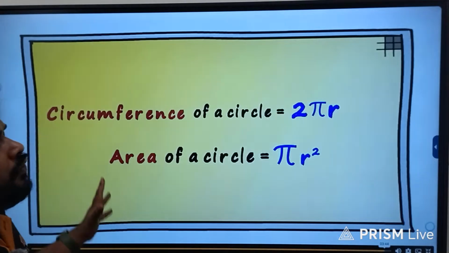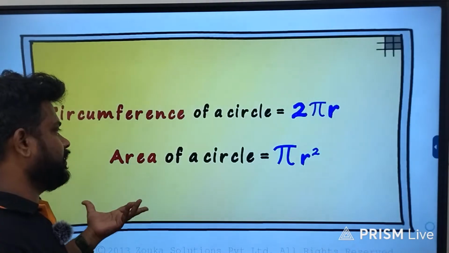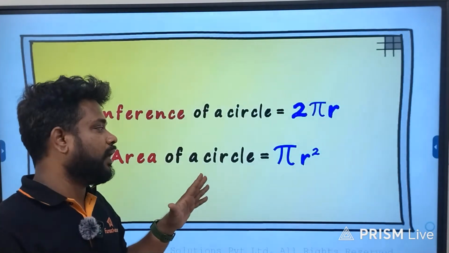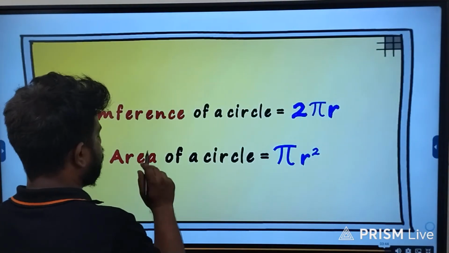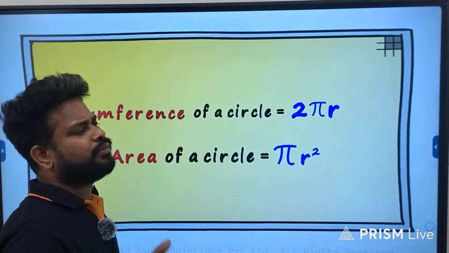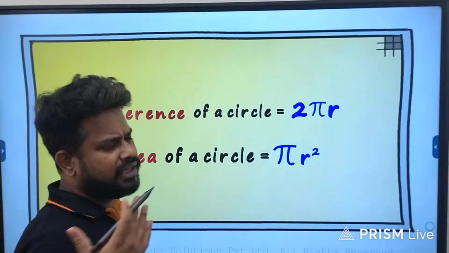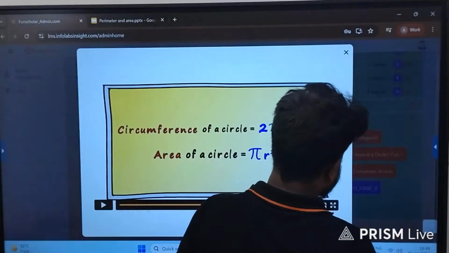The perimeter of a circle is sometimes known as the circumference of a circle, that is 2 pi r, and the area of the circle will always be pi r square, where pi is the value 22 by 7. Someone may take this as 3.14 or something, but it will be better if you take this as 22 by 7. So let's go further.